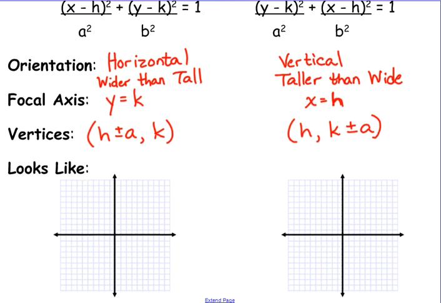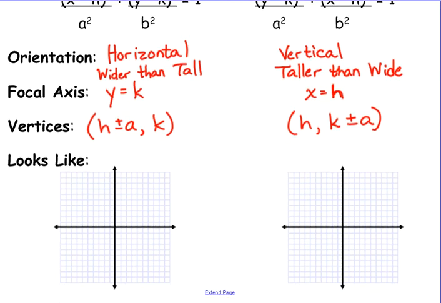All right, so let's talk about what this looks like. Let me draw an example of an ellipse. I'm going to put my center here at (h, k) at (0, 3). I'm not working off a specific equation, I'm just drawing an example. So this is going to be my focal axis. For my vertices, I'm going to say that a is 3: 1, 2, 3.